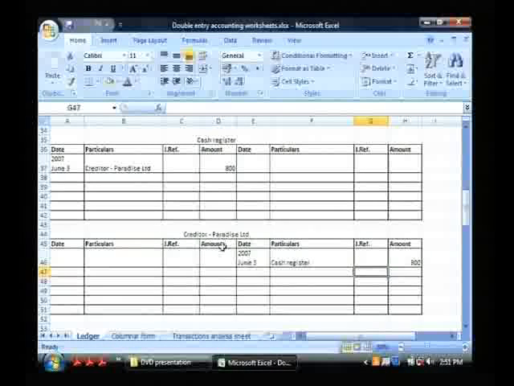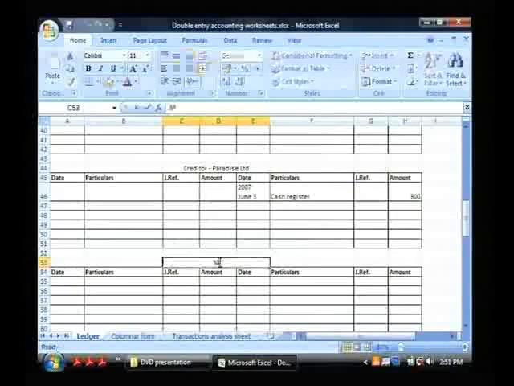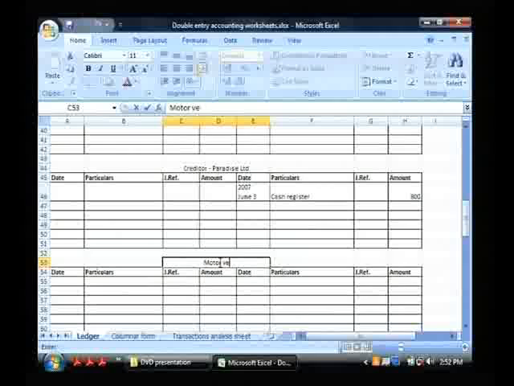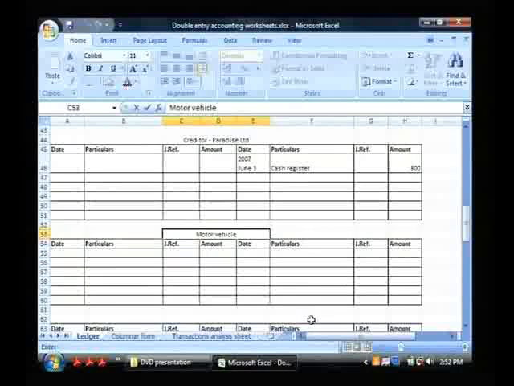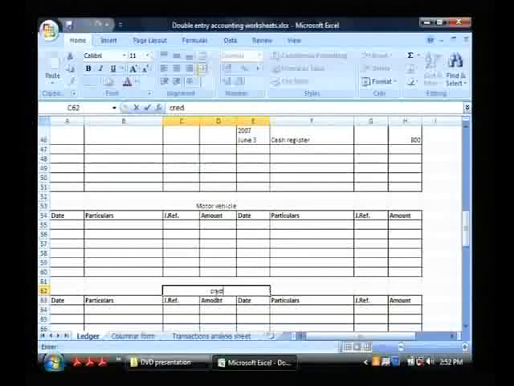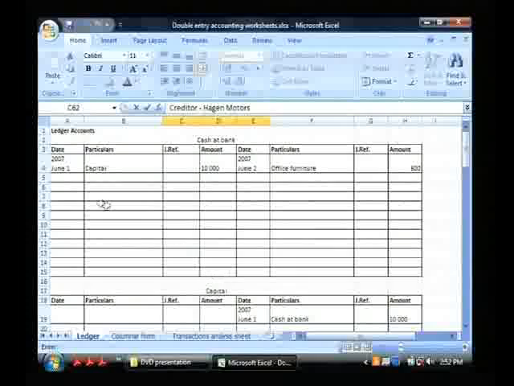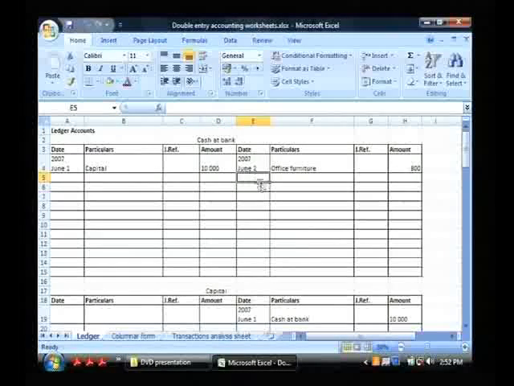So we don't have an account for motor vehicle, therefore create one account, motor vehicle account, and creditor Hagen Motors, and cash at bank account. We have a cash at bank account here.